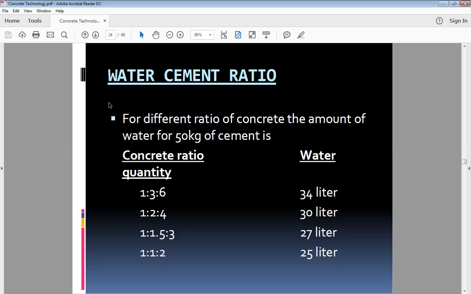In this way, we will find out the exact quantity of material, but we have to do the design mix of cement concrete. After the design mix, we will get these ratios of cement concrete, like 1:1:2, 1:3:6, 1:4, whatever. Okay. Is that clear till now? Yes, yes, sir.